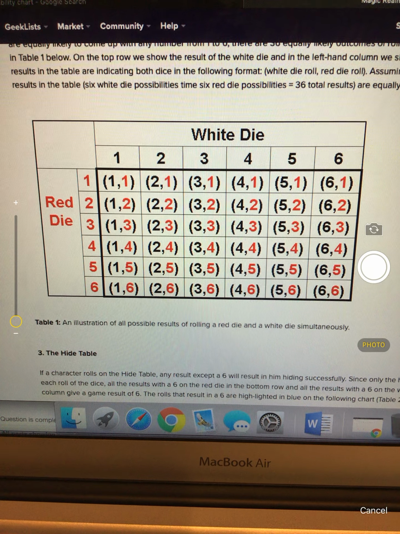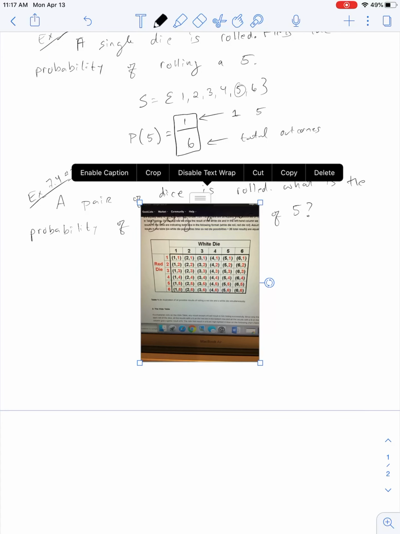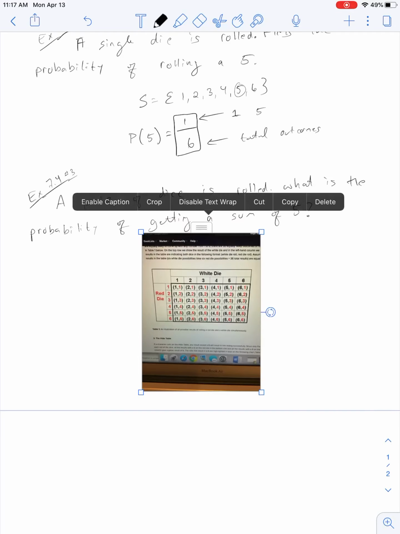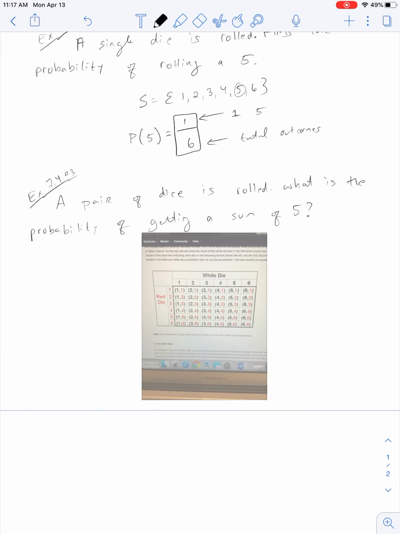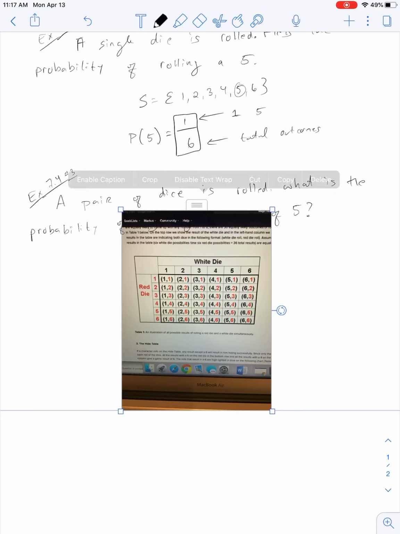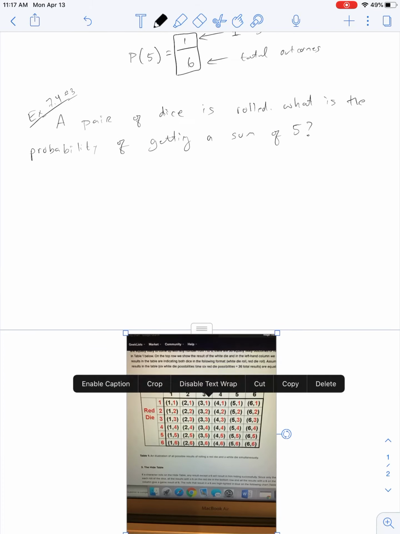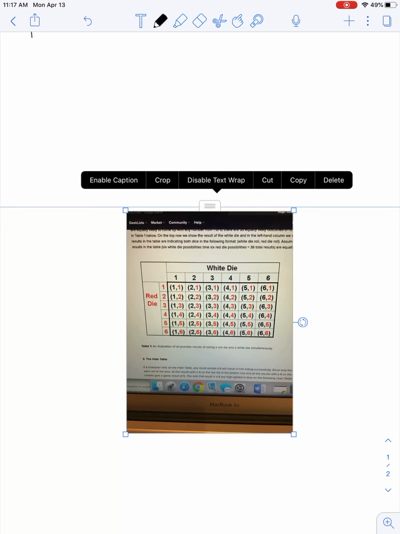I just typed in paired dice possibilities. All right, so we'll go ahead and use this here.